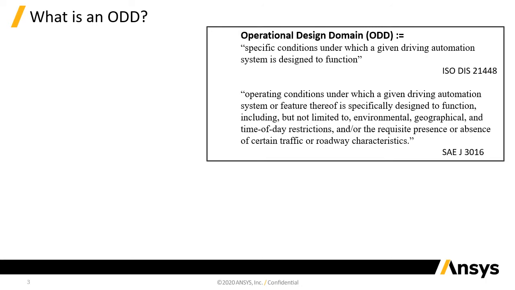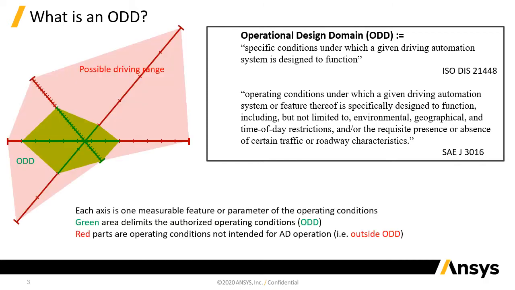So how could I imagine an ODD? Suppose that we have an ontology or taxonomy to define words for everything which can exist in the possible driving range. The possible driving range for a land vehicle is limited.